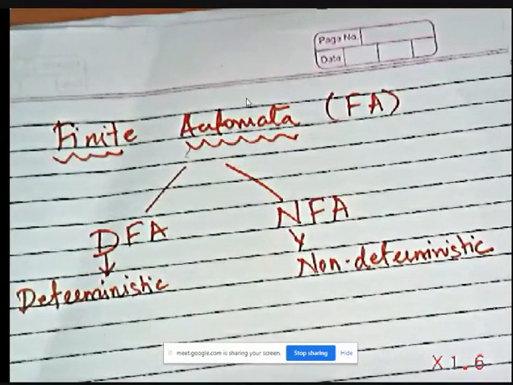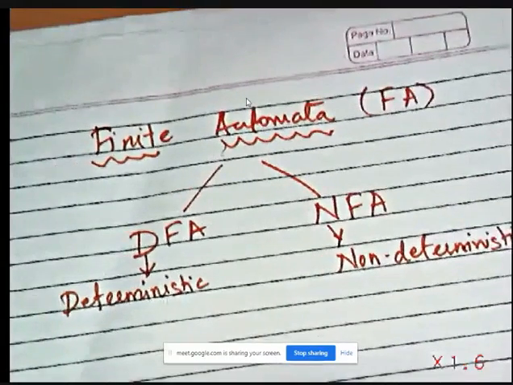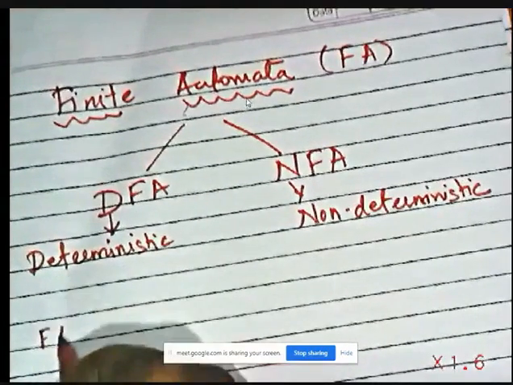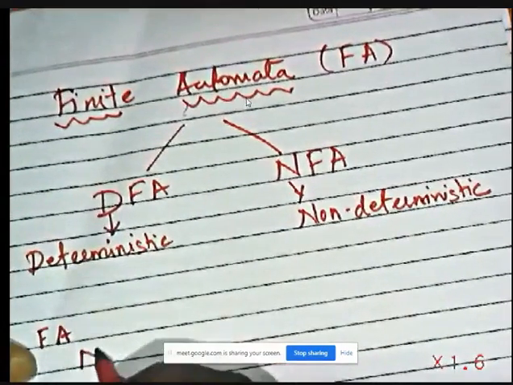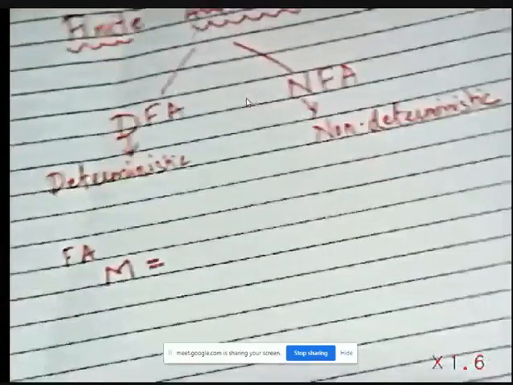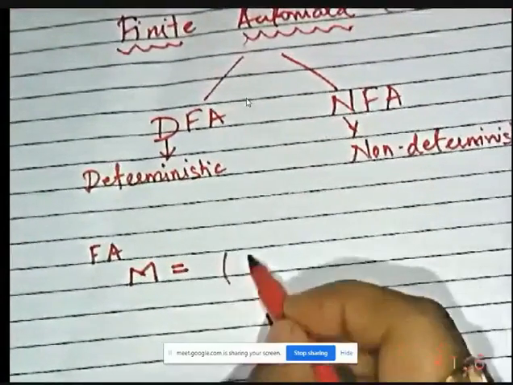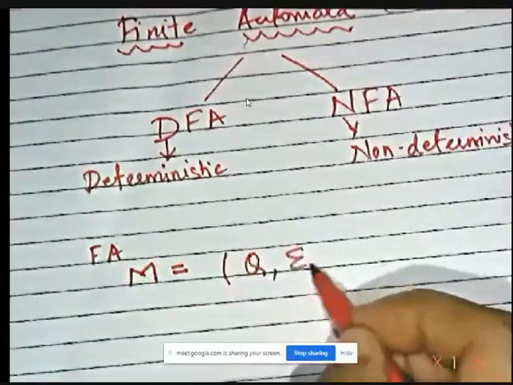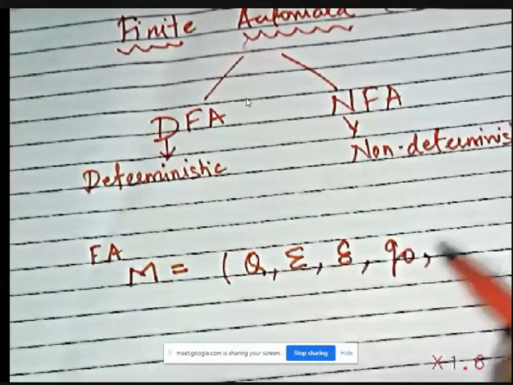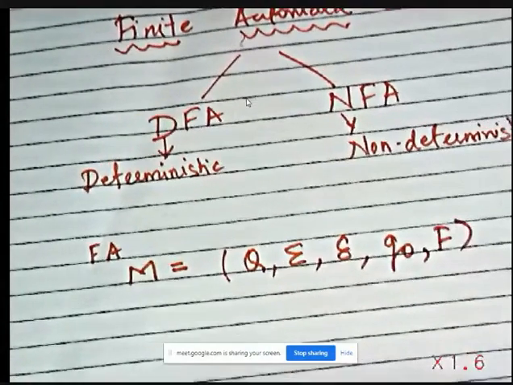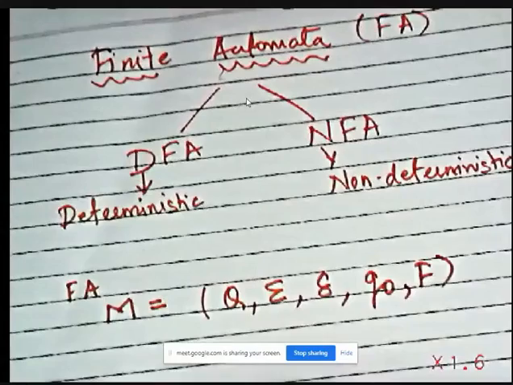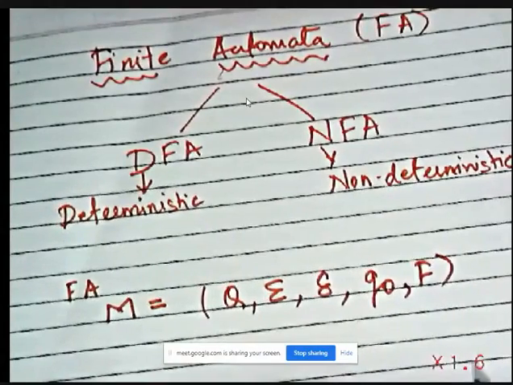What exactly does this mean? In the last discussion, we saw that we represent finite automata with the help of the representation M, where M is the machine, and it is represented by 5 tuples: Q, alphabet, delta, Q0 and F. As opposed to the finite state machine, we don't have output in finite automata.